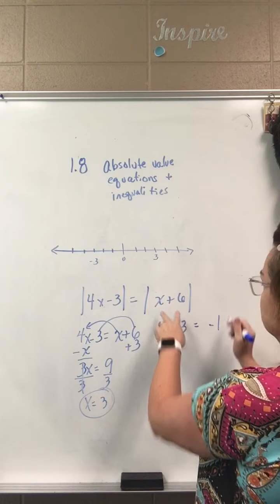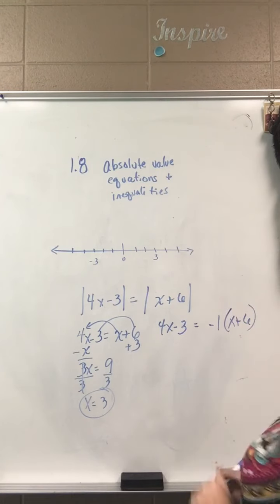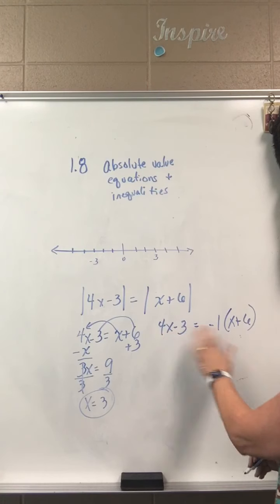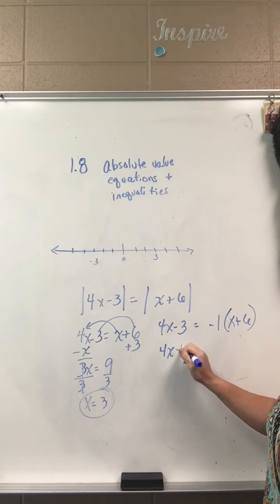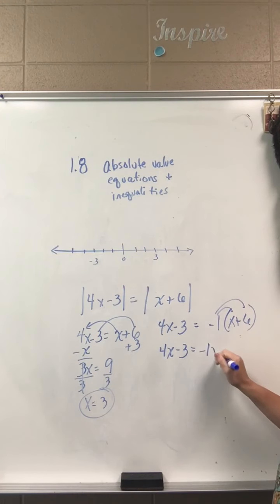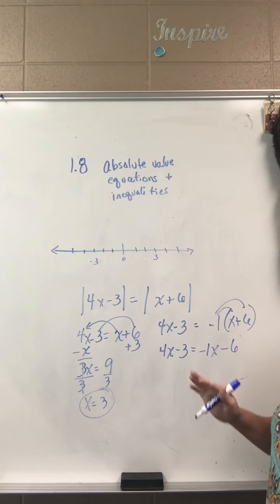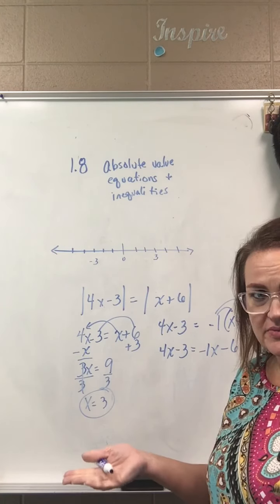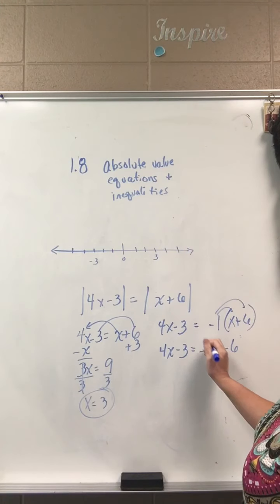Do the opposite of this side, so -1 times x plus 6. And that would suit for what I'm saying here. These two sides are opposite signs, but equal numbers. So I'm distributing a negative sign just to one side of this equation, right? You don't want to do both sides, or that would be back to being just the same, equivalent. So just one side gets the negative.